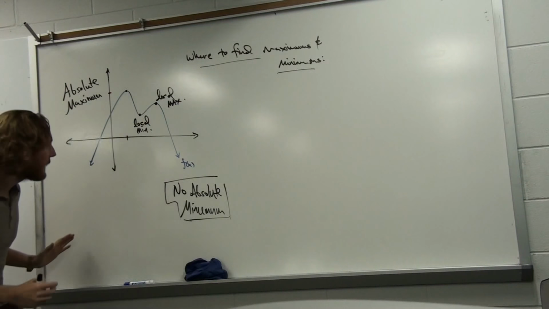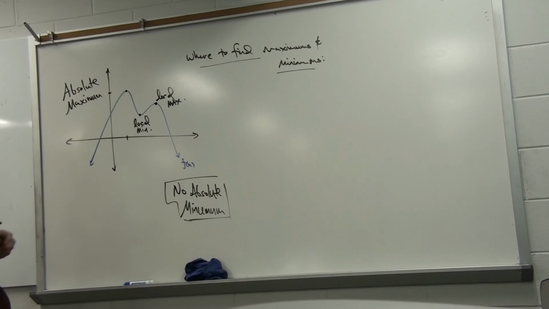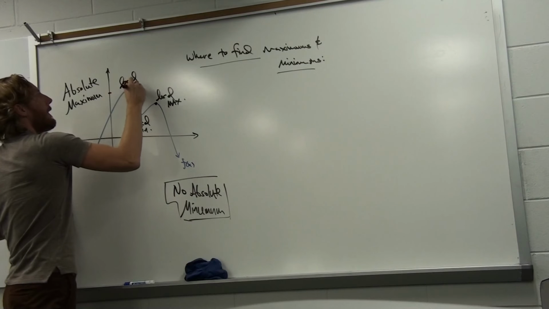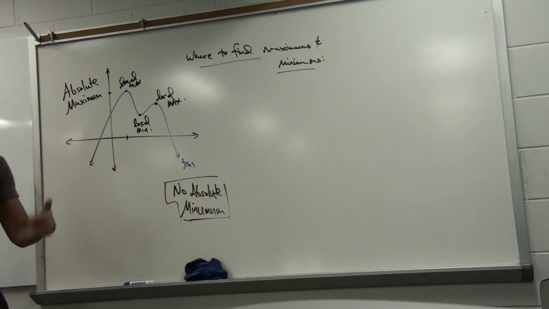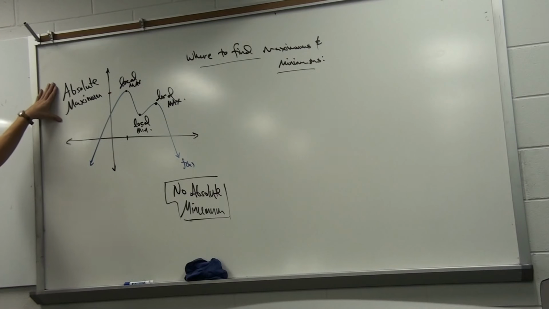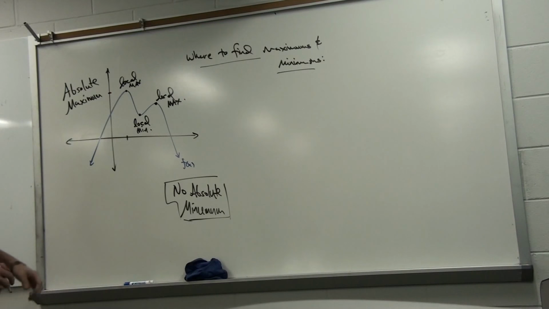The function hits a peak. It's going up and then going down. In fact, the absolute maximum is also a local maximum. It just happens to be a local maximum which is maximum for the entire function, so we call it an absolute maximum, but within its own local region, it certainly is the maximal value as well.